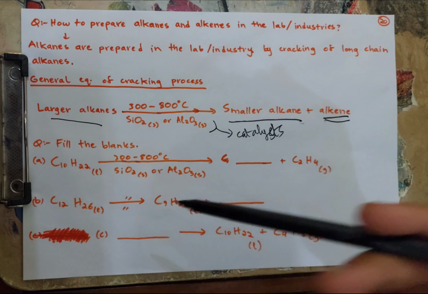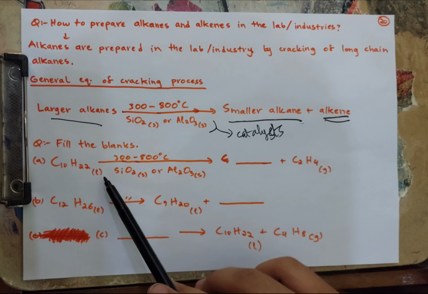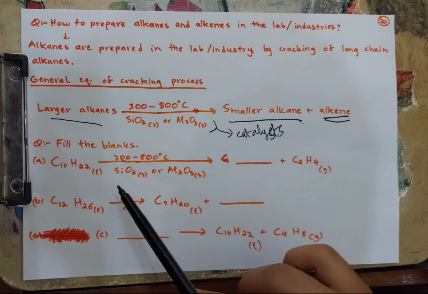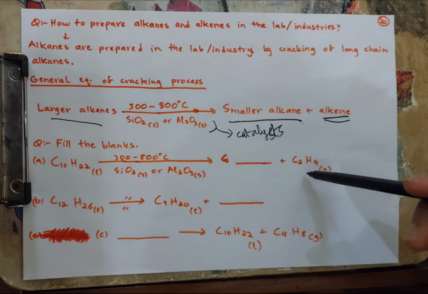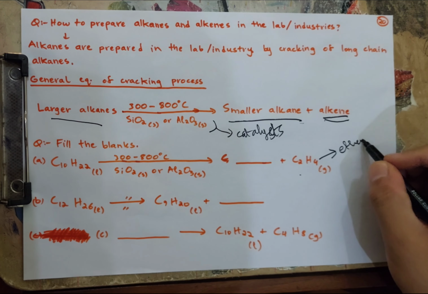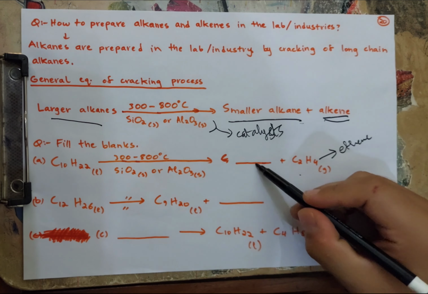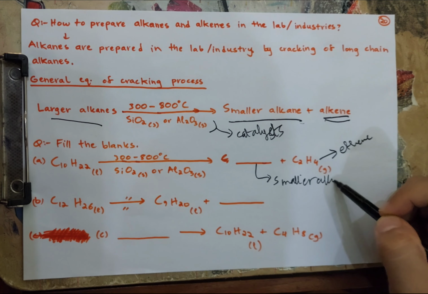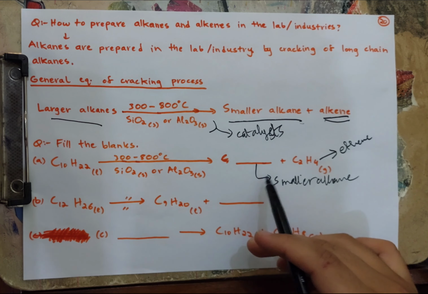So now for example, here we have fill in the blanks. C10H22, I think this is decane, and we are going to supply it with the same conditions, and here one product is given, this is ethene. So an alkene is formed. Now we are going to form a smaller alkane. What will this be?